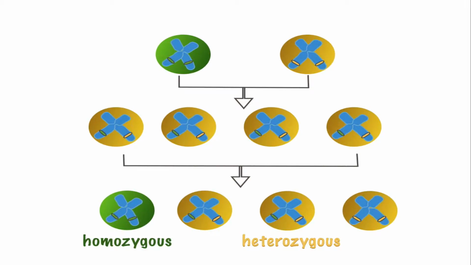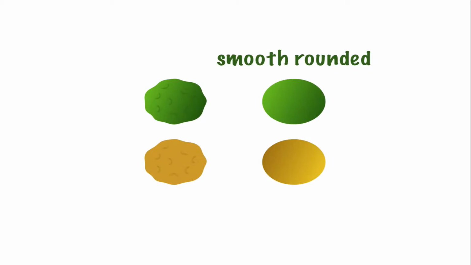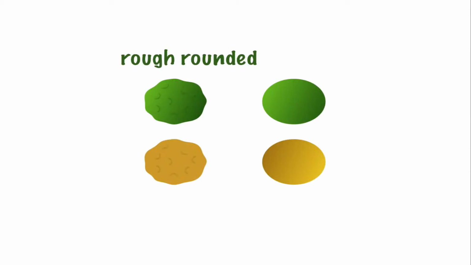Okay, so we looked at the genetics for color, but this also works for other physical characteristics, such as the surface of a pea. For example, is the pea going to be a smooth rounded, or a rough rounded or a wrinkled pea? So we're going to be looking at this particular allele.